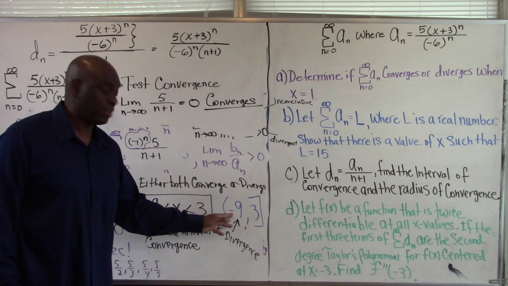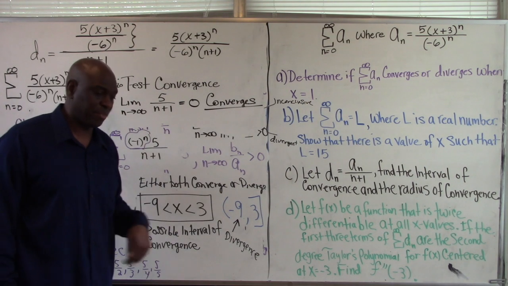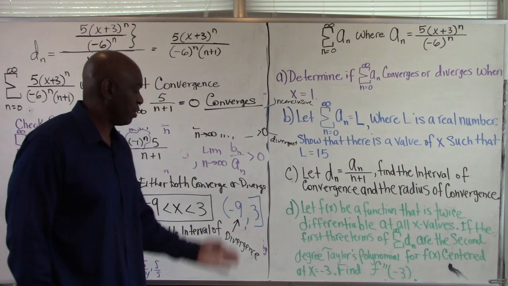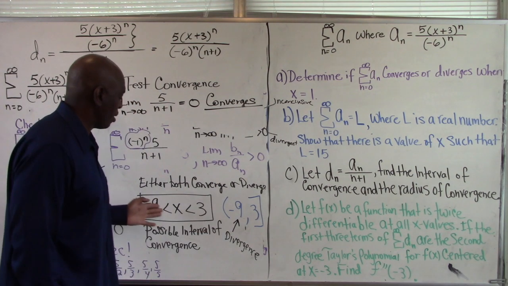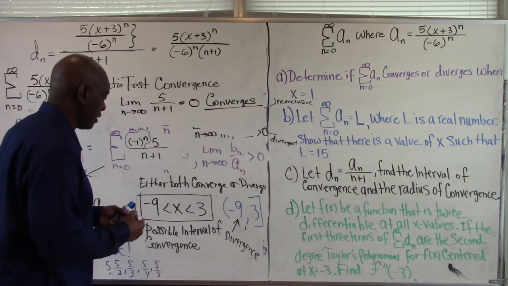As for -9, when we plug -9 in, we did not get convergence. It was divergent, so we do not include it. So here we have the interval of convergence. Okay?